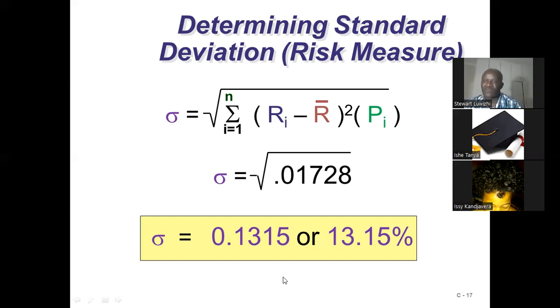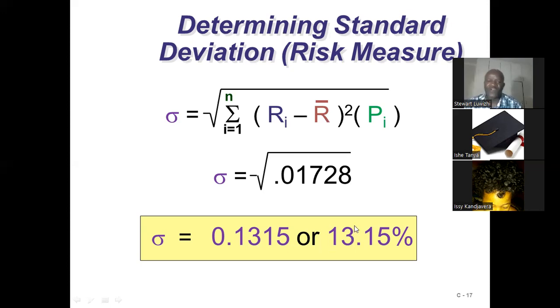And what does this tell us? It simply tells us that, remember, we had an expected return of 0.09. And this standard deviation is simply telling a story that there is a 13.15% probability or a chance that we will not get that return of 0.09, which is 9%. So what is the certainty level?